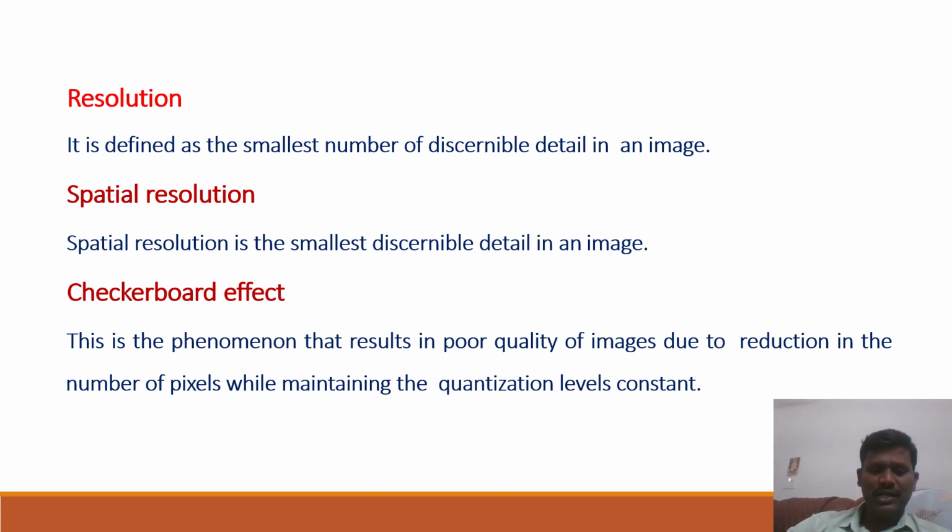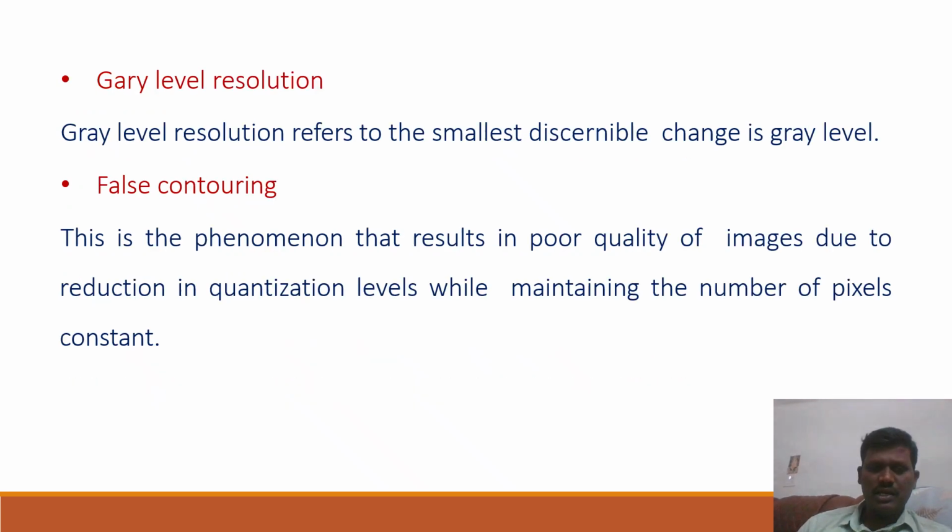Due to that we get a checkerboard effect. Now, when the amplitude of the gray levels is converted into very few levels, the smallest discernible change in the gray level is defined as the gray level resolution.